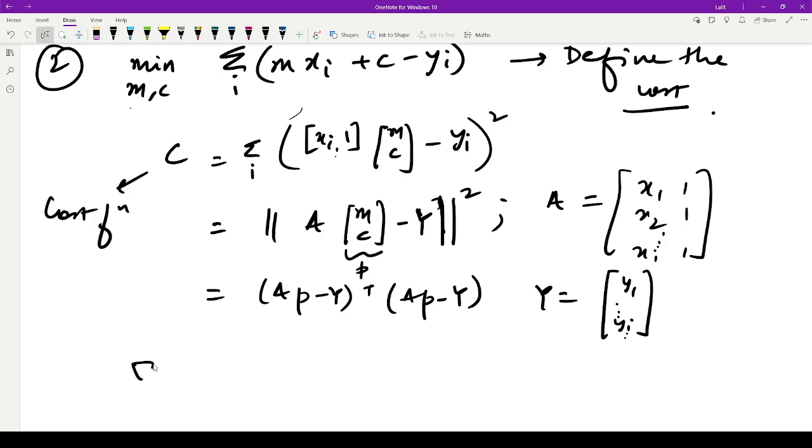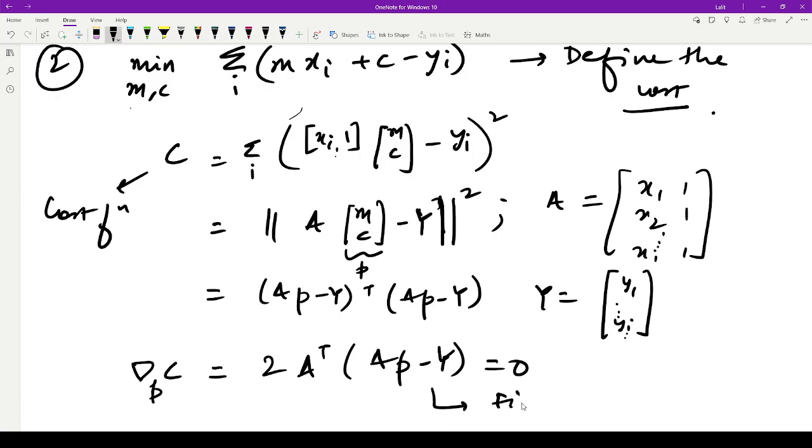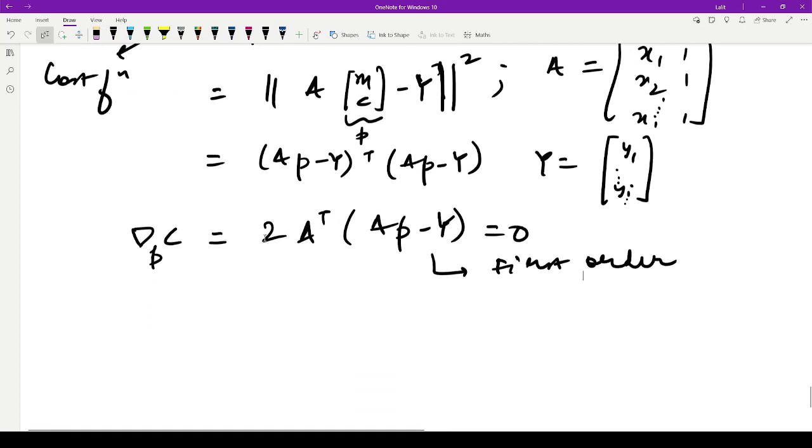So once you take the gradient of C with respect to the parameters P, it will turn out to be 2 times A transpose (AP minus Y). It's just coming from calculus. So once you have this, your gradient should be equal to 0. This is the first order necessary condition for minimum or maximum.